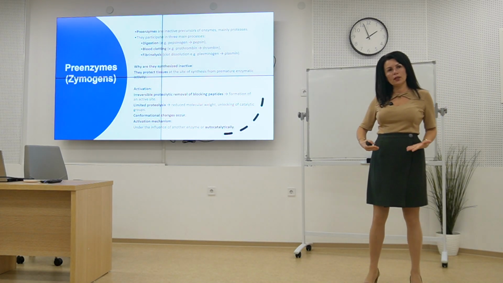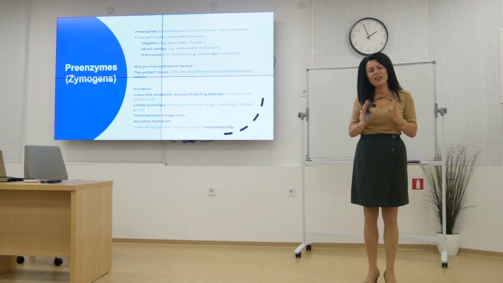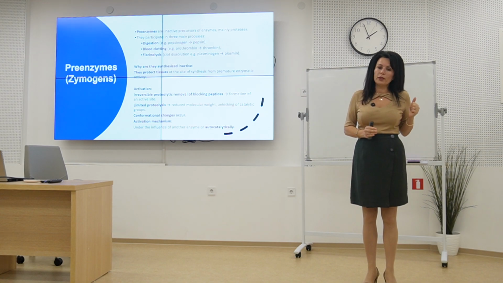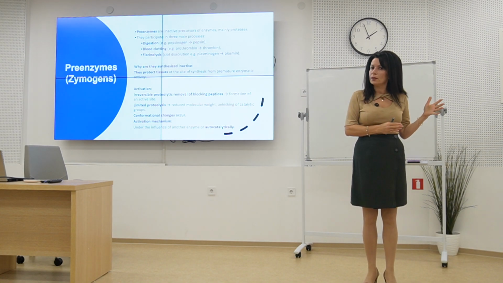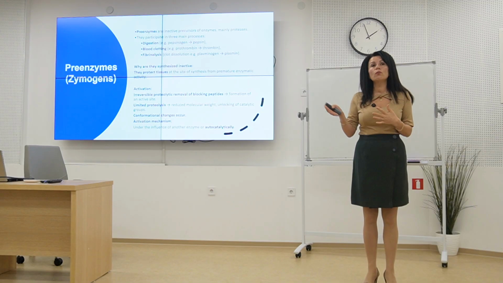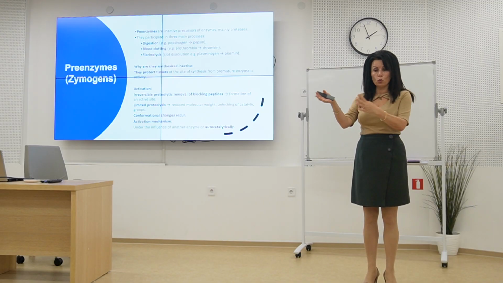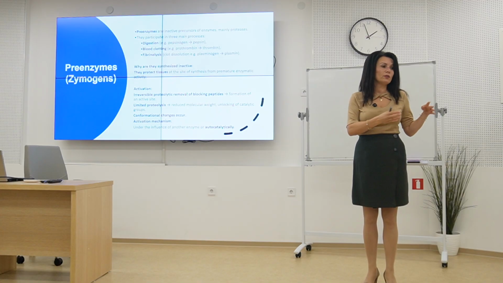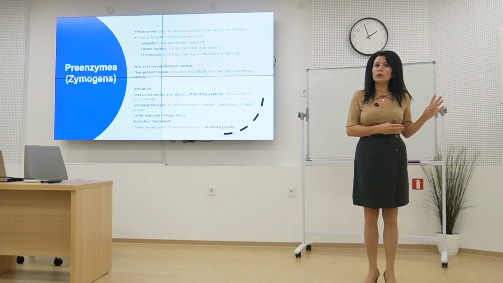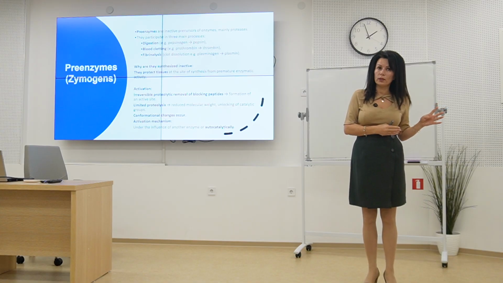All digestive enzymes are produced in inactive forms. Why? To protect the tissue that synthesizes them. For example, the pancreas: the place of synthesis is the pancreas, but the place of action is another, the lumen of the small intestine.